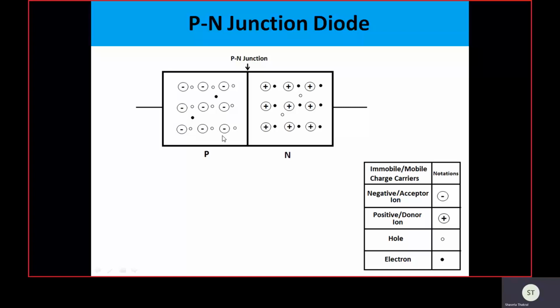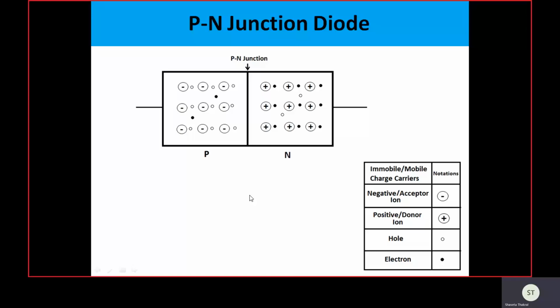In the p-type, the majority charge carriers are holes, the minority charge carriers are electrons, and there are immobile negative ions. Similarly, on the n side, the majority charge carriers are electrons, the minority charge carriers are holes, and there are immobile positive ions.